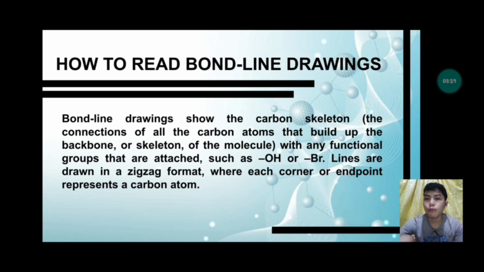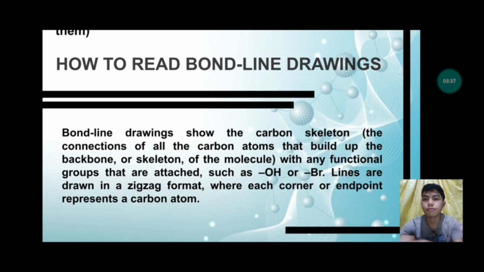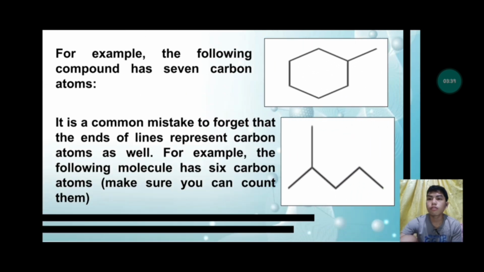Lines are drawn in a zigzag format where each corner or endpoint represents a carbon atom. So here, for example, the following compound has 7 carbon atoms, and it is a common mistake to forget that the end of a line represents carbon atoms as well.